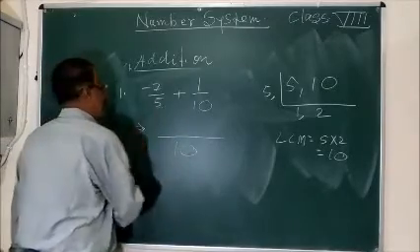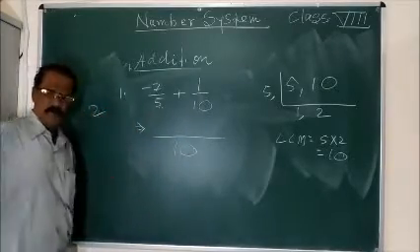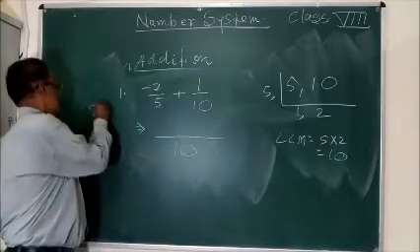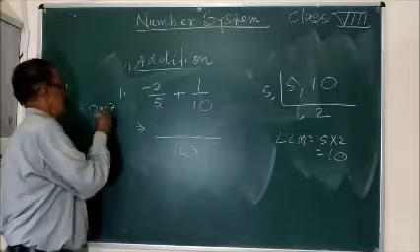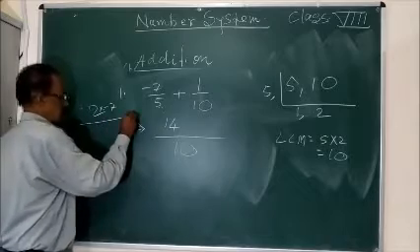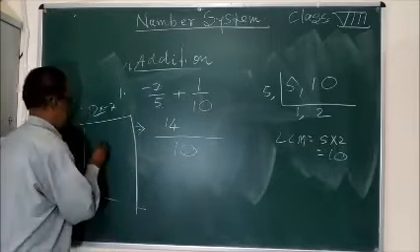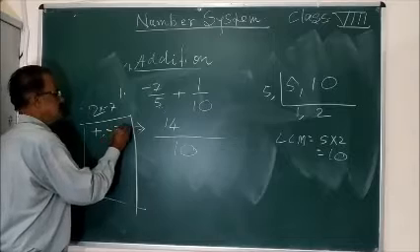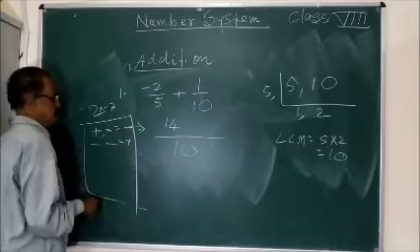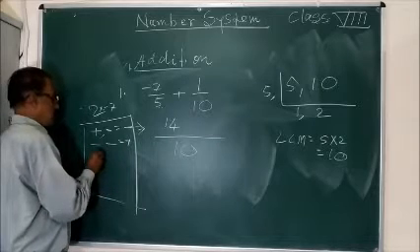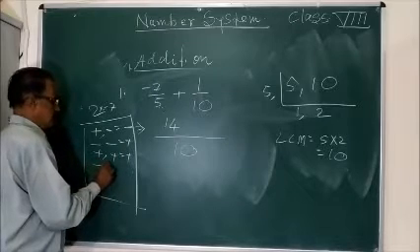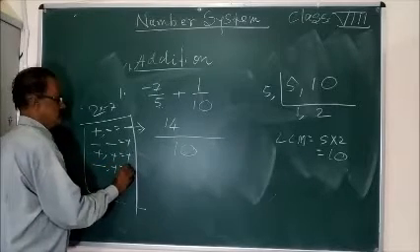You divide 10 by 5, you will get the quotient 2, and this 2 is multiplied by this. So 2 into minus 7, 7 into 2 is 14. And you will learn this: plus minus minus, minus minus plus, or plus plus plus, or minus plus minus.